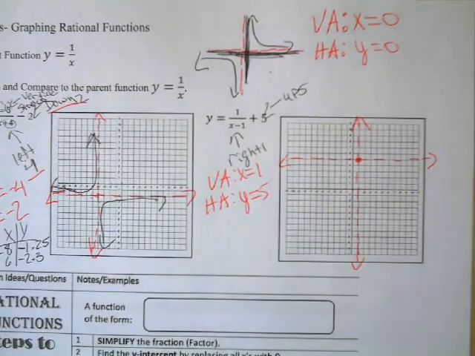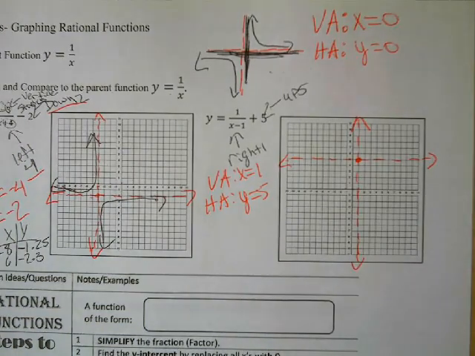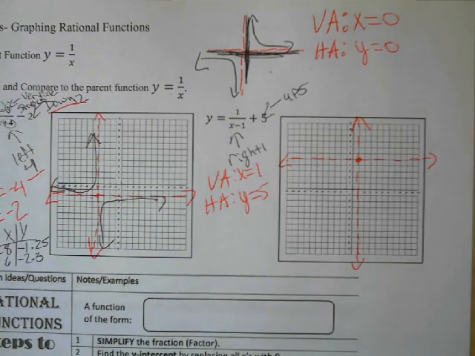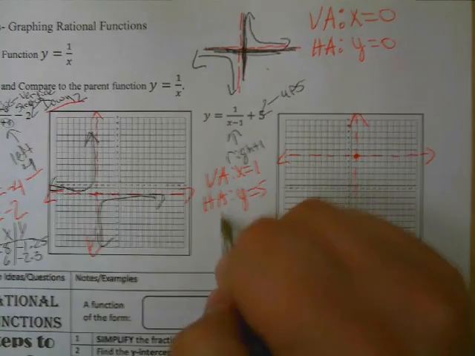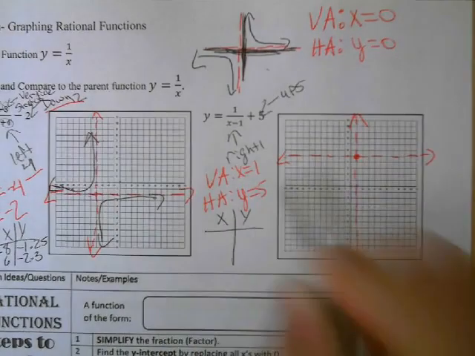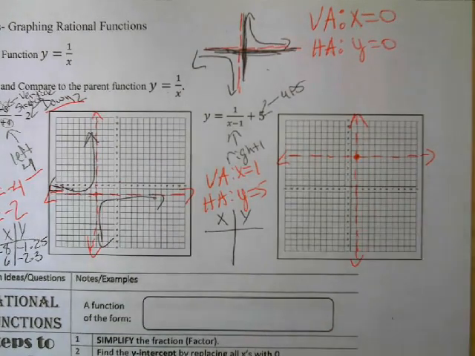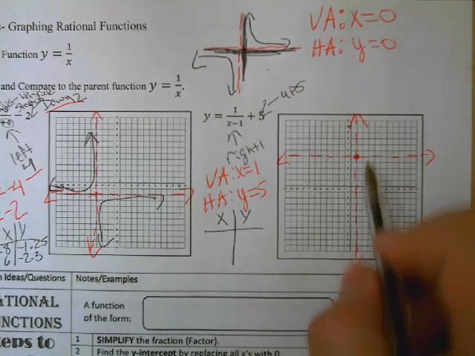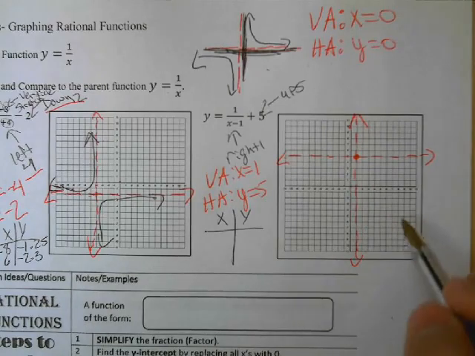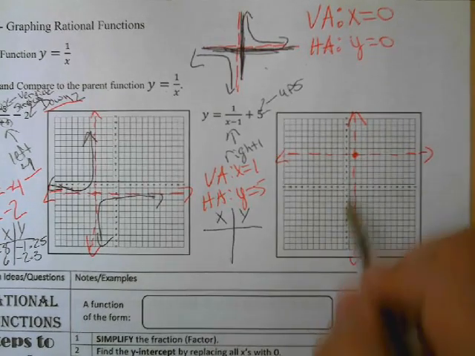Okay. So there's my vertical and horizontal asymptotes. Now I'm ready to make my XY table. I generally like to pick points close to the vertical asymptote just because I think it's easier. So is there a point that's close to the vertical asymptote that you guys want to pick on the left-hand side?